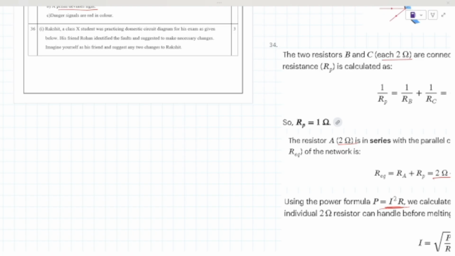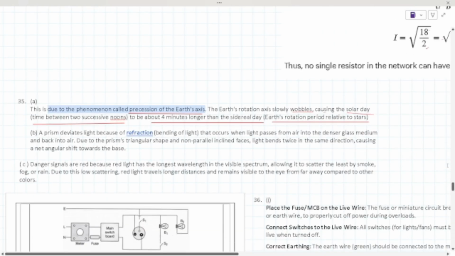Very good, right? See, a prism deviates the light because of the bending of light when it enters the prism. Its shape is not rectangular, so the surfaces are not parallel. Light bends toward the base in the same direction. Your answer was right.